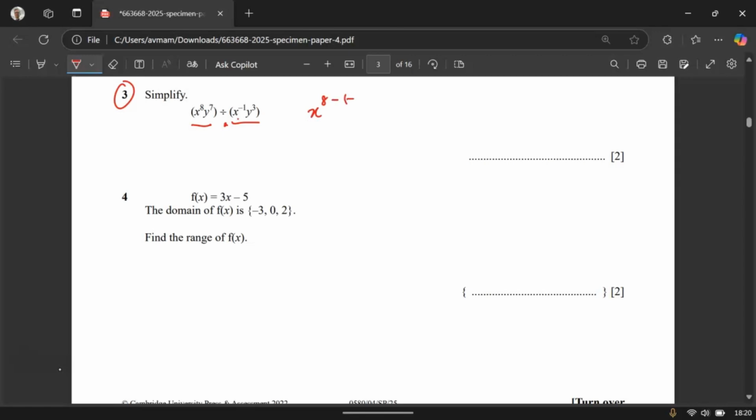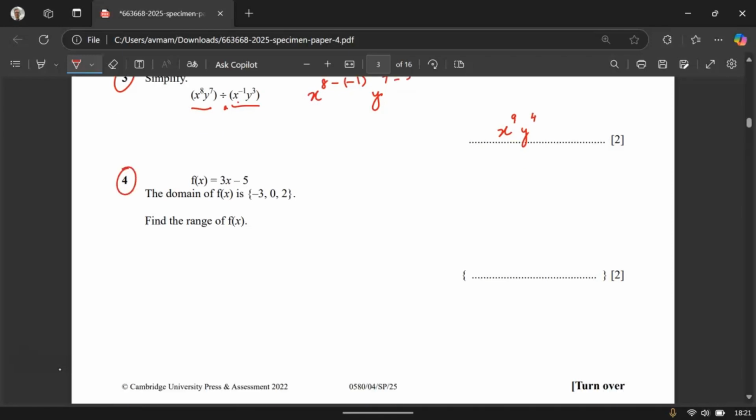So you will have x to the power of 8 minus -1, which is 8 plus 1, which is 9, and y to the power of 7 minus 3, which is 4.